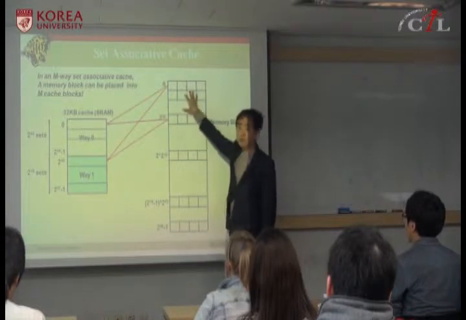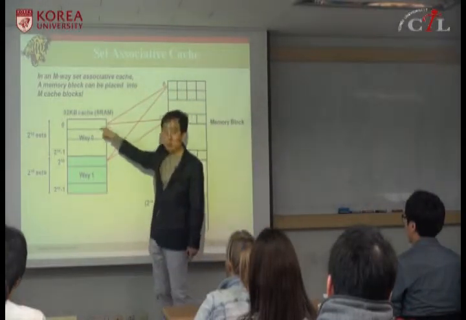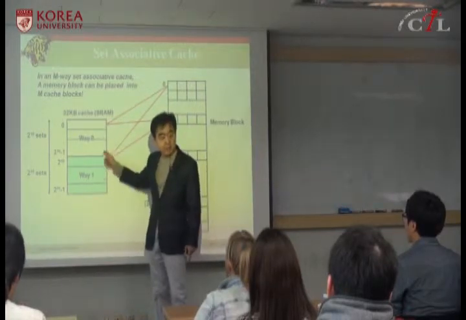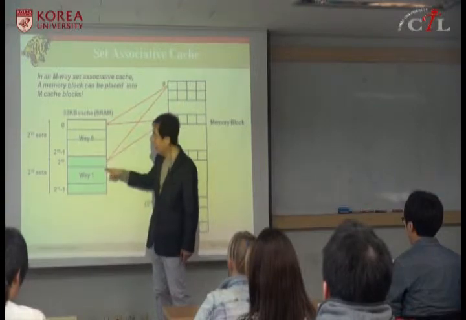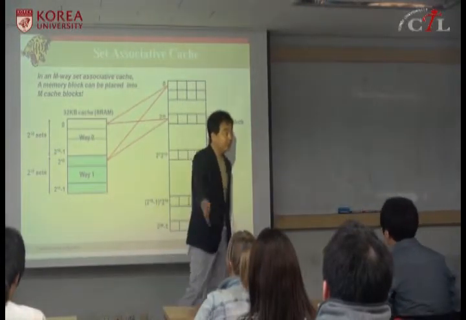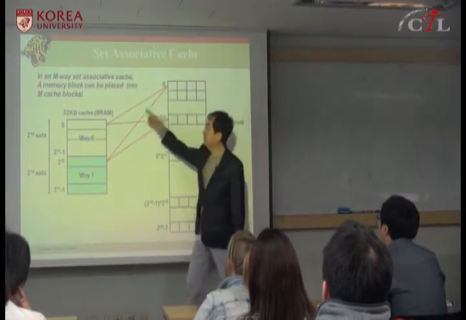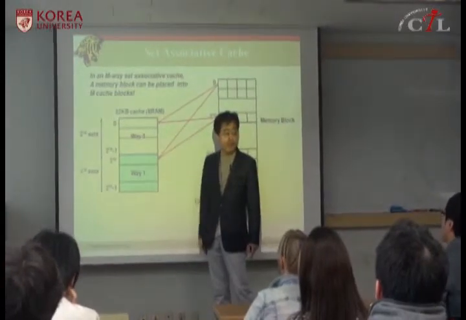If you look at the first 1024, the first block can be placed into 2 locations, one for each bank. Okay? The first block in the way 0 bank and the first block in the way 1 bank. It has 2 options, way 0 and way 1. Okay, the second block can go to the second block of the way 0 bank or the second block of the way 1 bank and so on.